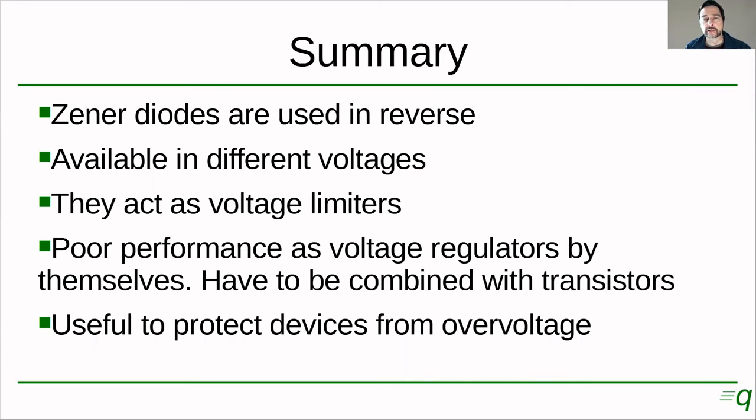They act as voltage limiters, as we saw in the previous slide, and they have fairly poor performance as voltage regulators by themselves. So they would have to be combined with transistors and maybe some other devices to perform well as voltage regulators. And like I said, they are useful to protect devices from overvoltage.